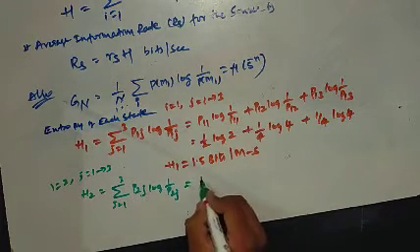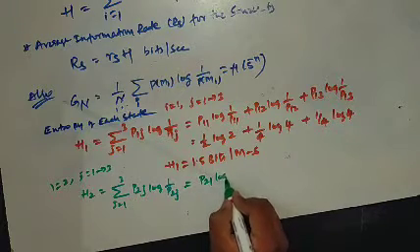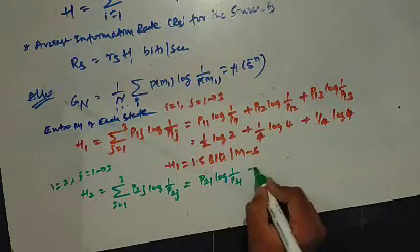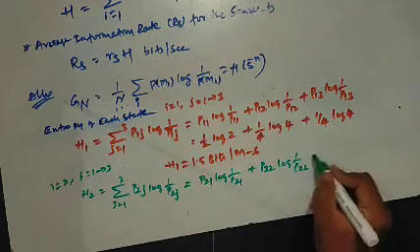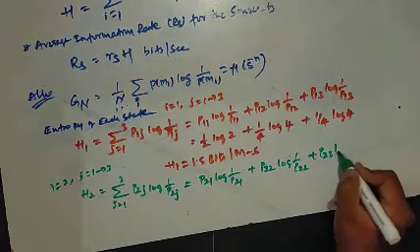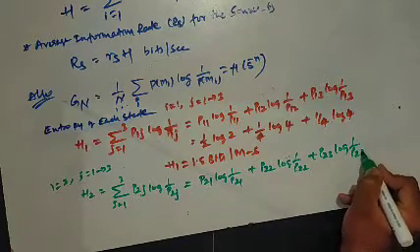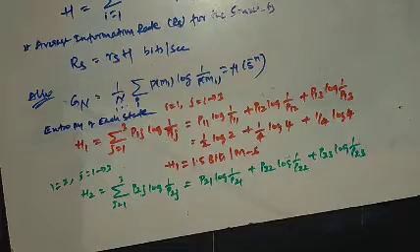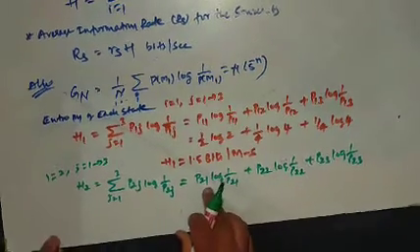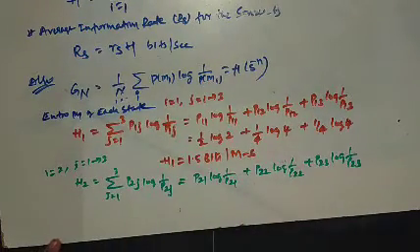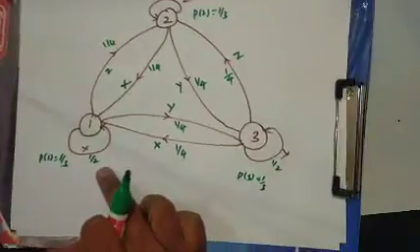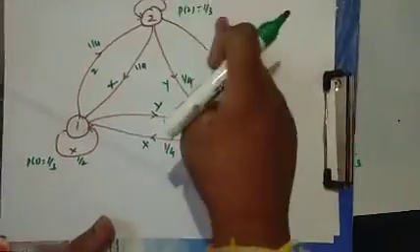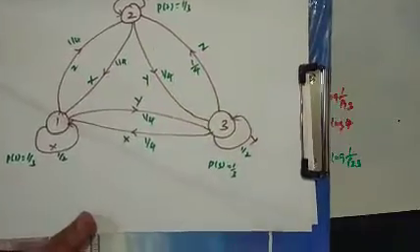It can be written as P21 log 1 upon P21 plus P22 log 1 upon P22 plus P23 log 1 upon P23. I know that the transition from state 2 to 1 is 1 by 4 and the same state 2 to 2 is 1 by 2. See this diagram. For the same state the probability is 1 by 2. For the other states the probability is 1 by 4.